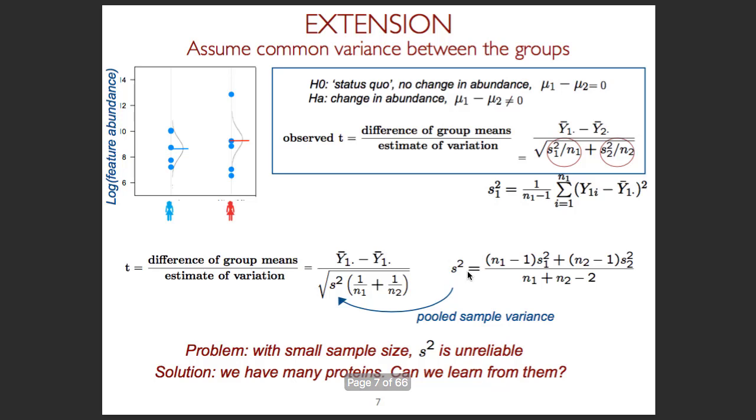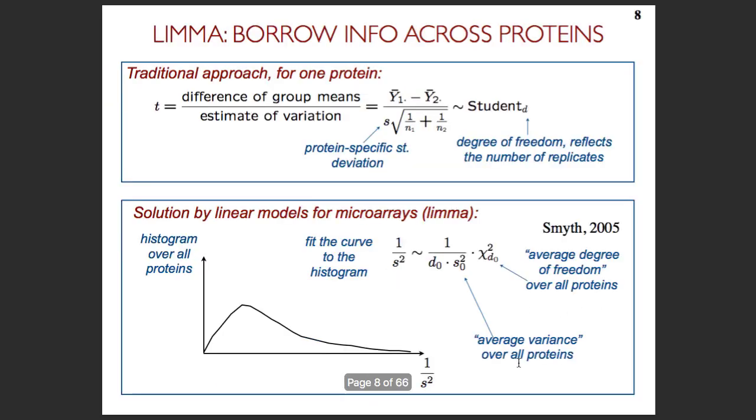If you think of this as a pooled value, we give a better value which reflects the experimental design and the structure of the data, more so than the t-test. But we still have one variance per protein. So nobody's saying that we cannot use this histogram of the variance of proteins that MSstats provides. And it is actually quite possible. And in fact, I will talk about TMT next, and that's exactly what we do in TMT.